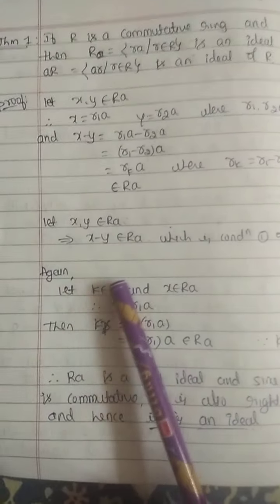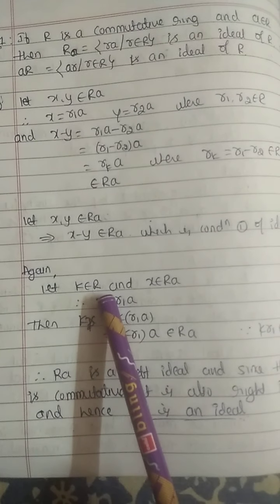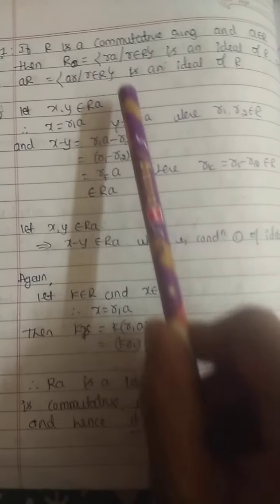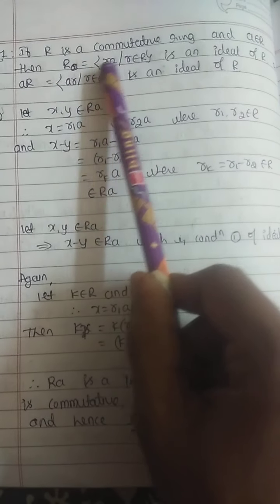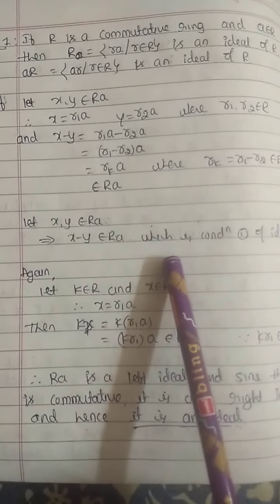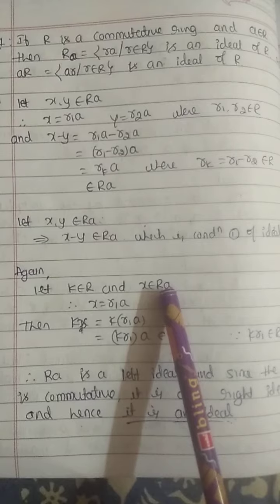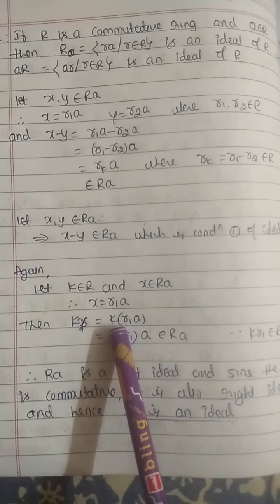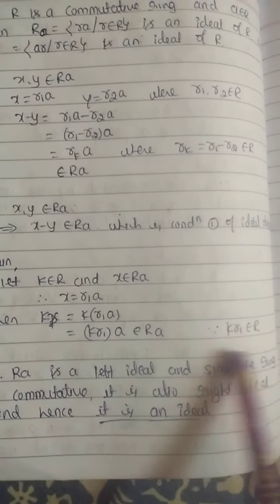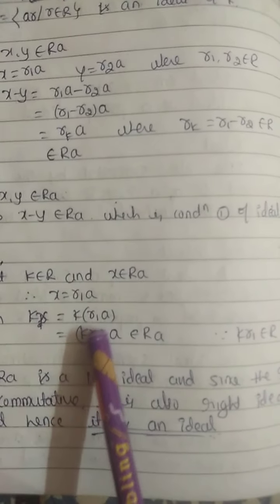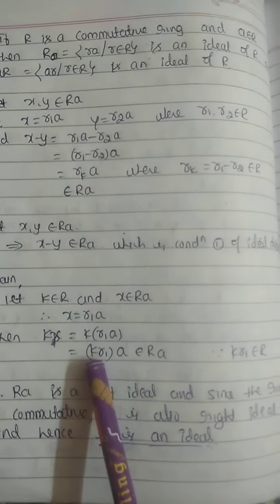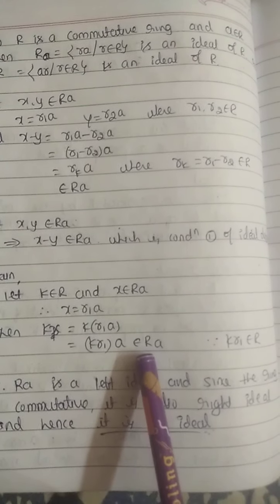Okay. Second condition, what is that? Let k be any element of the ring R and x belongs to the set Ra. x equals r1a. Now take k into x. It should belong to Ra. kx equals k into r1a, that is (k r1)a. k r1 belongs to R. Therefore, this belongs to the set Ra form. k r1 a belongs to Ra.